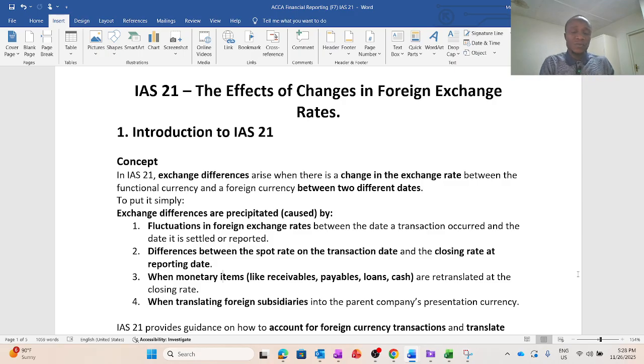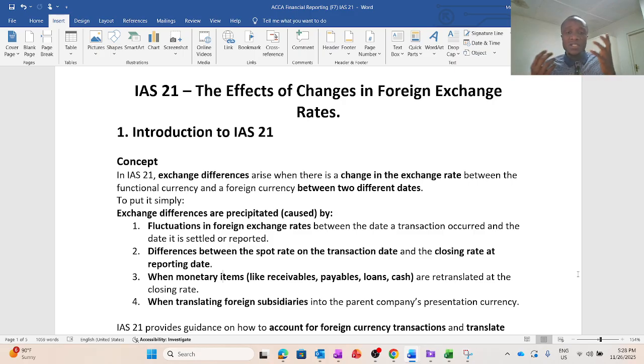It is possible that the rate at the date of transaction might not be the same at the date of settlement. So the difference between the rate from the date of transaction to the date of settlement might result in changes in the foreign exchange rate.